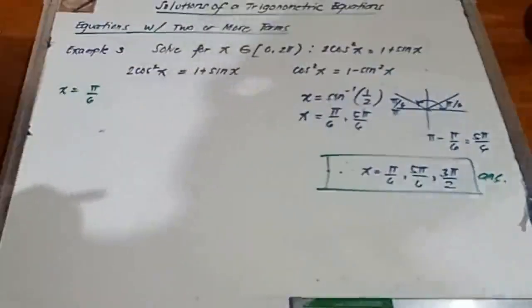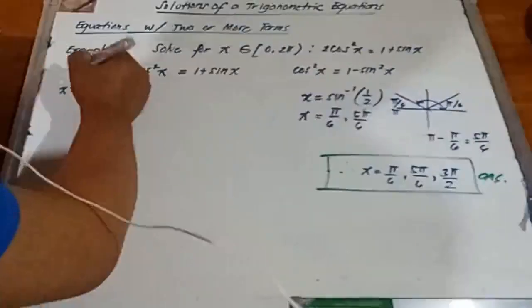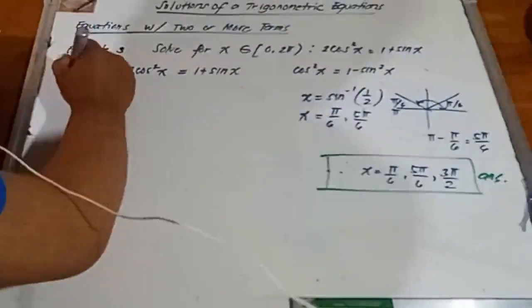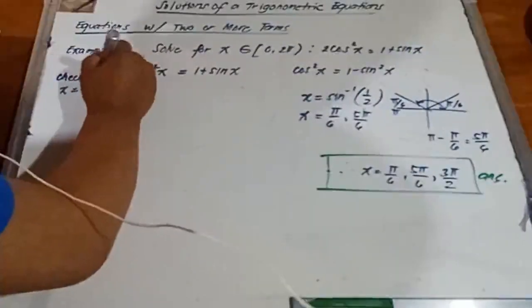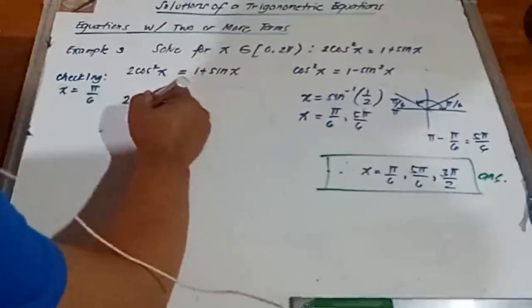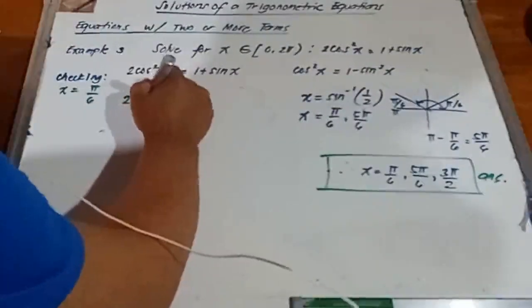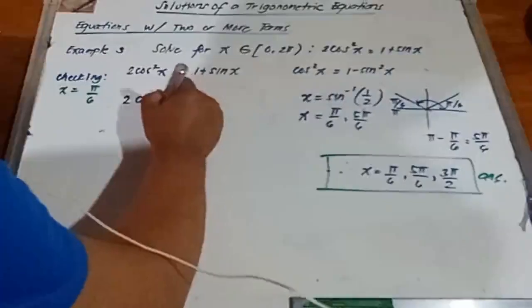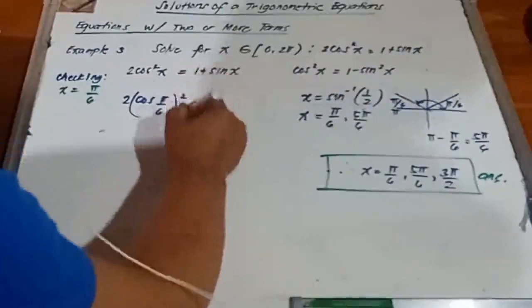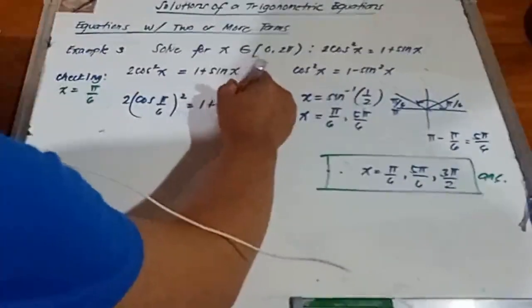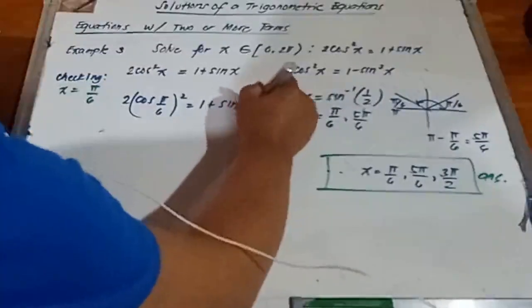Substitute. Checking, ha? This is checking. So, 2 cosine pi over 6 squared. Labas ko na yung squared. Equal to 1 plus sine pi over 6.